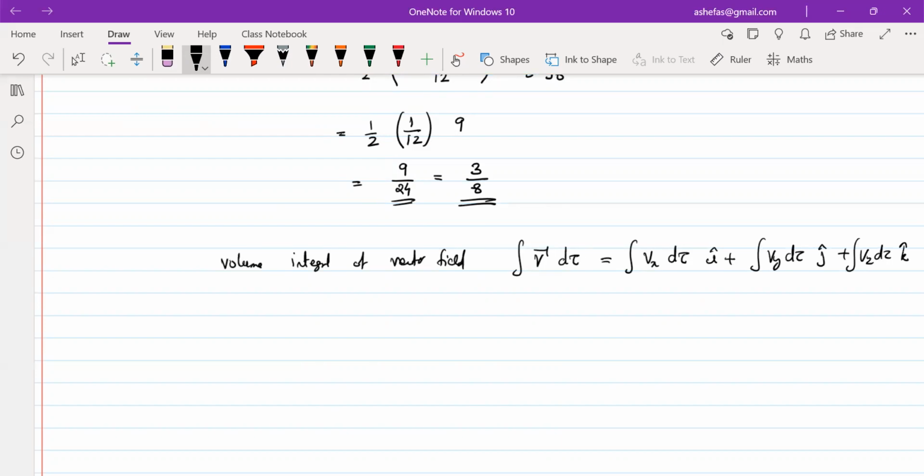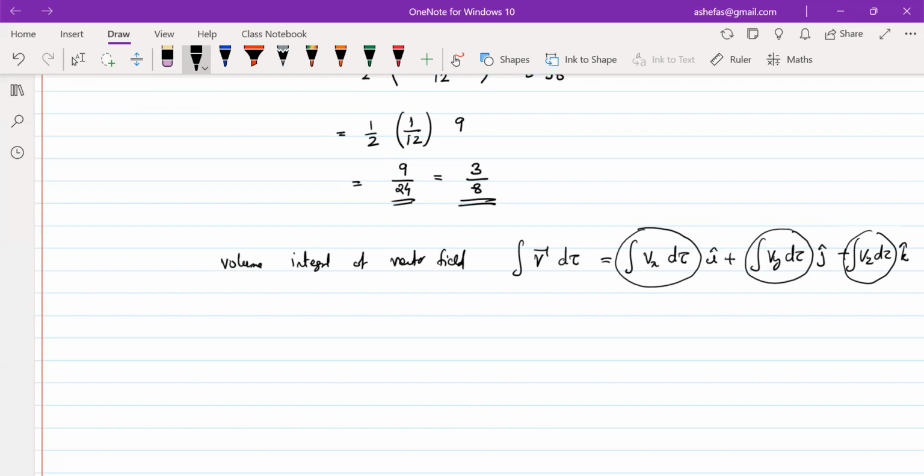Okay, so this is actually the volume integration of a scalar field, plus the volume integration of another scalar field, plus the volume integration of a third scalar field, because Vx is just a scalar, Vy is a scalar, Vz is a scalar.